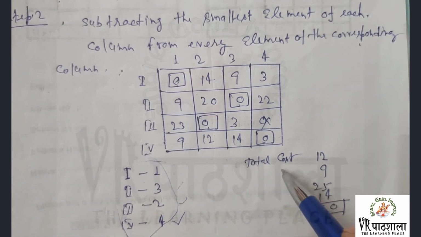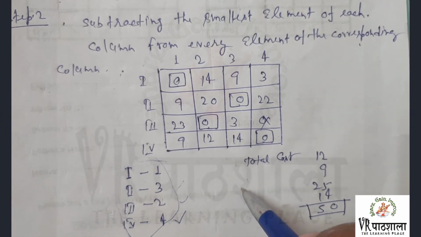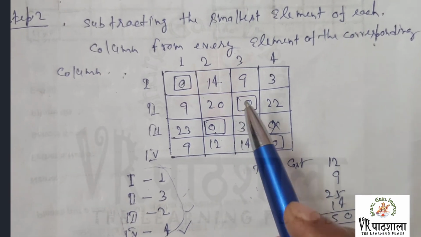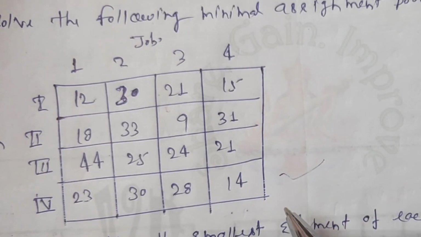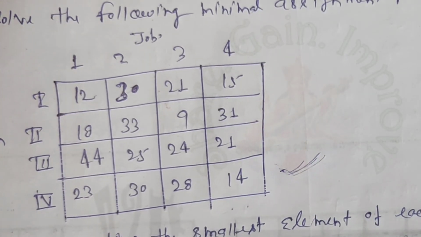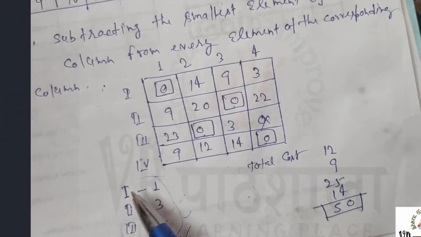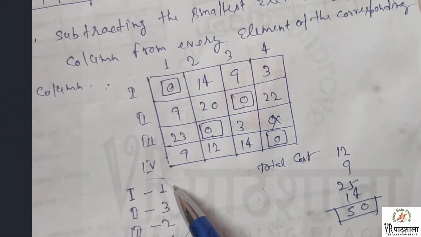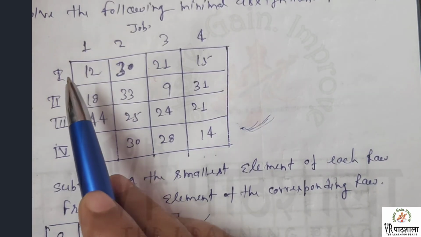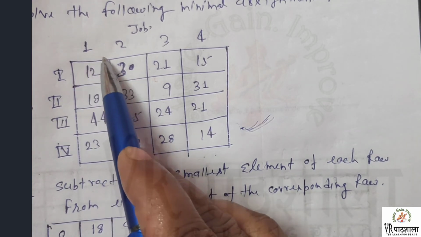Now the total cost is calculated from the initial table. The costs are given. Now from the sequence, the first person did the first job, and the cost is 12.